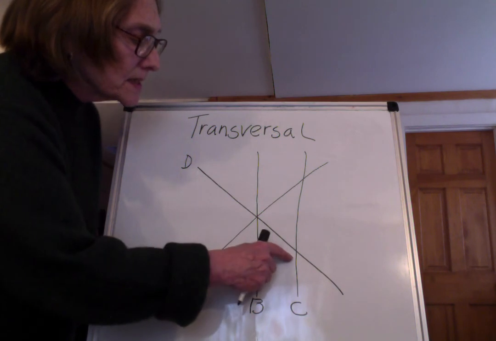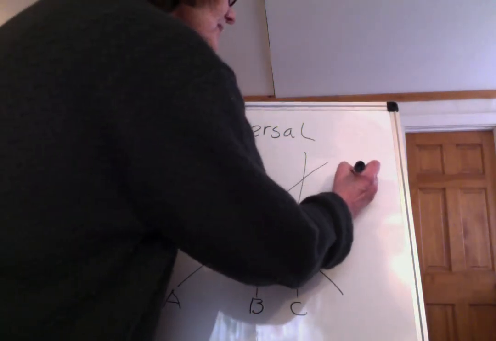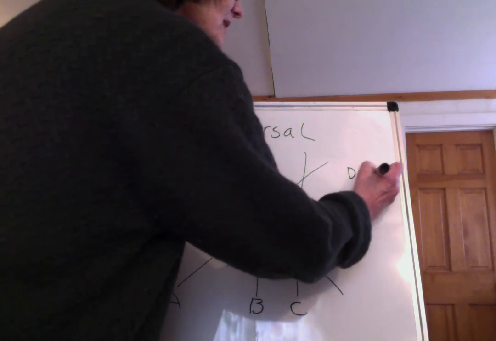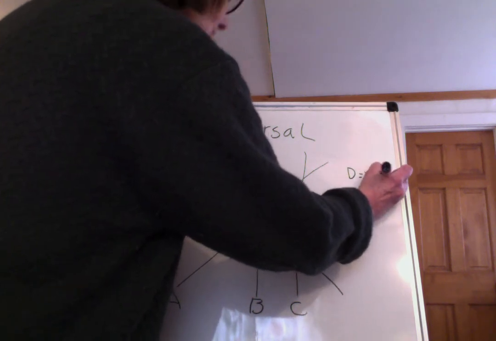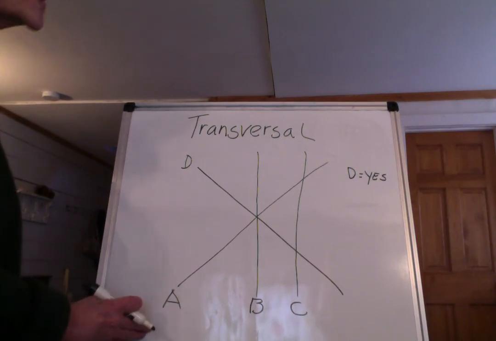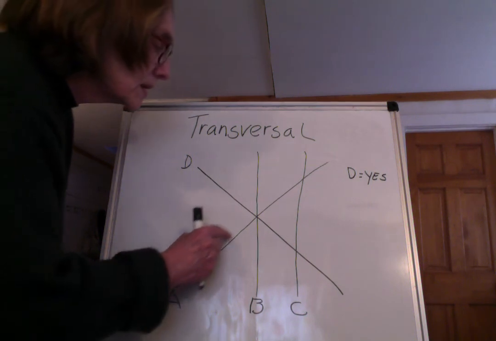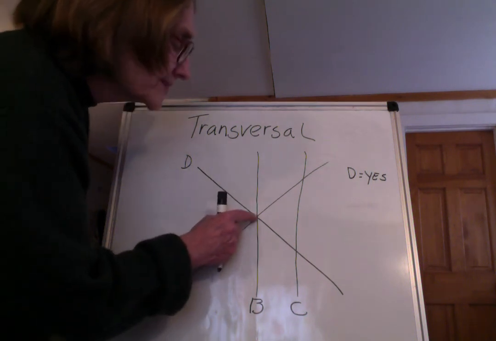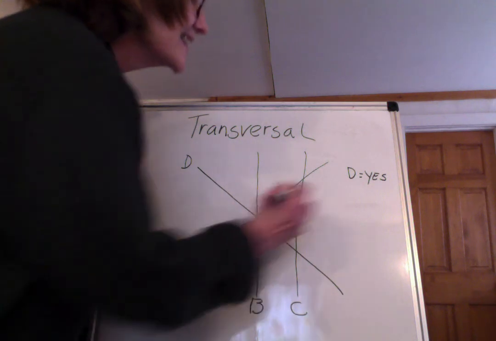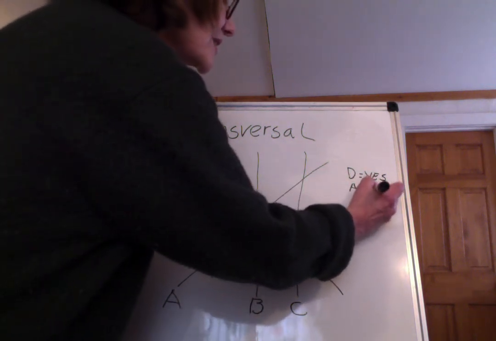And it hits this line C. So D is yes, it's a transversal. Now, let's see. Is A a transversal? Let's be careful now. It hits B and it hits C. Yes, A is a transversal. Yes.